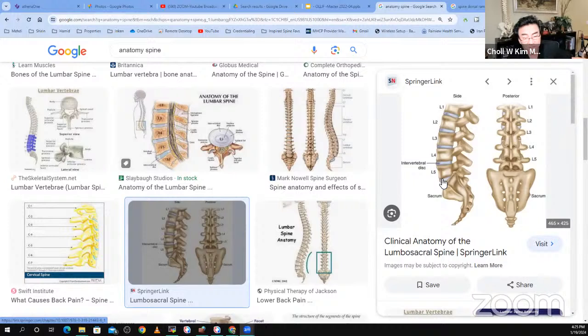So I find it interesting that spine surgeons don't believe in discogenic back pain. What they should really say is that discogenic back pain is very difficult to treat because we have a hard time identifying which patients with low back pain have discogenic versus non-discogenic low back pain. That's the reality of the situation.